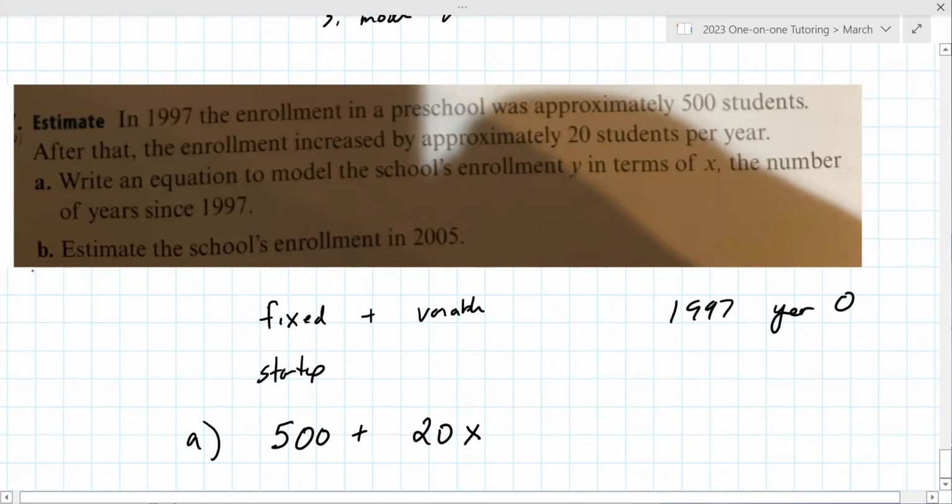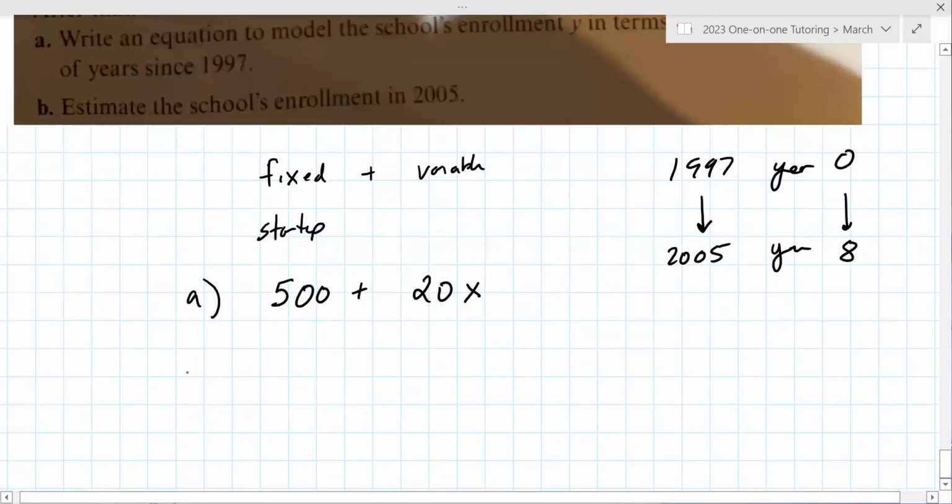That part will play a role in part B. So in 2005, how many years later is 2005 from 1997? 8 years later. So for part B, that's the number that's going to go in for x. You would not put 2005 in for x. It would just be unreasonable to grow that fast that soon.